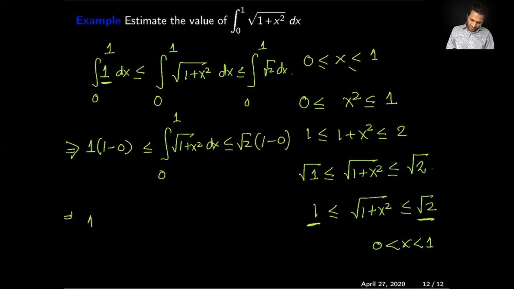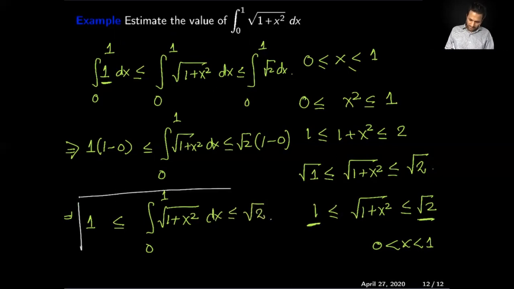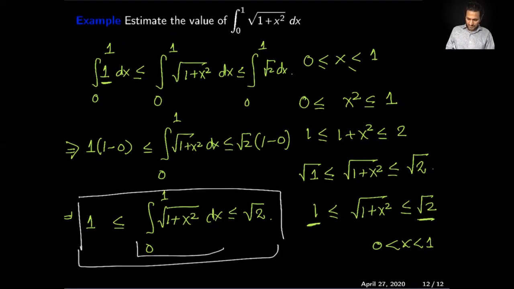This is 1, which is less than or equal to the integral from 0 to 1 of the square root of 1 plus x squared dx, which is less than or equal to the square root of 2. So this is the lower and upper bound of my definite integral. This is the net change. It will always be greater than or equal to 1, but always less than or equal to the square root of 2.